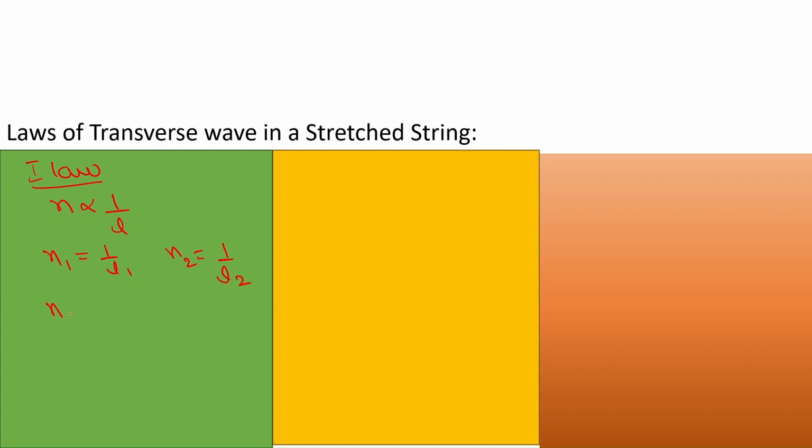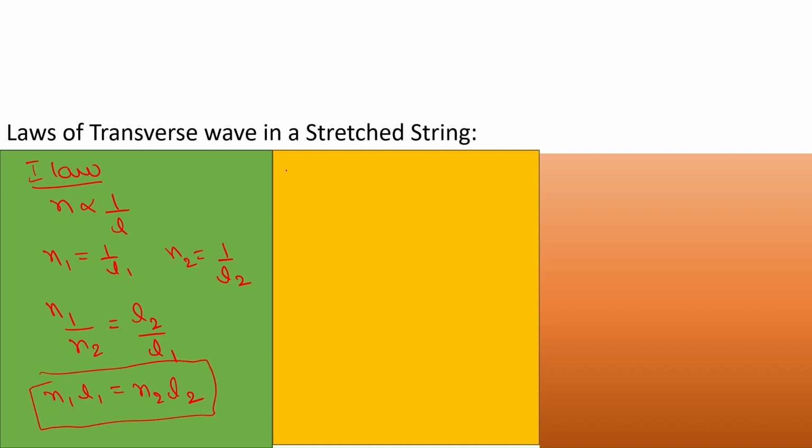Therefore, n1 by n2 is equal to L2 by L1. Therefore, n1 L1 is equal to n2 L2. This is the first law of the transverse waves.